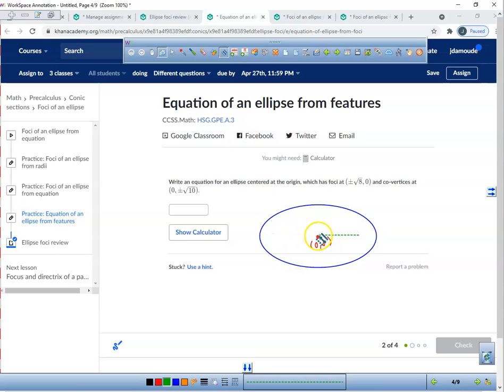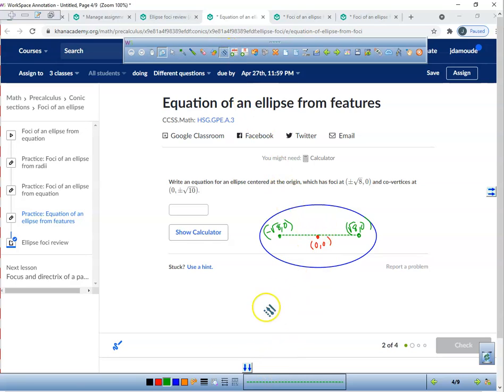And it says that focus 1 and focus 2, my foci, are at negative radical 8, 0, and positive radical 8, 0. All right.